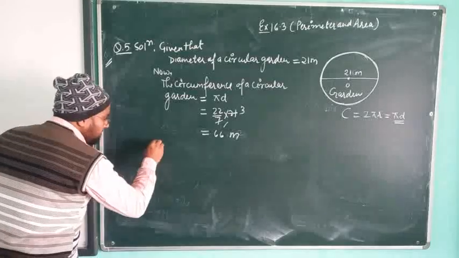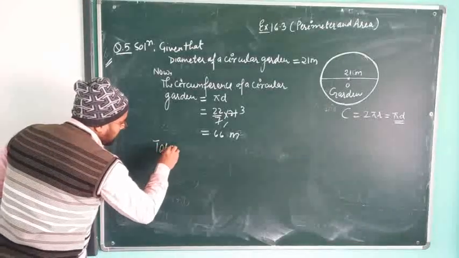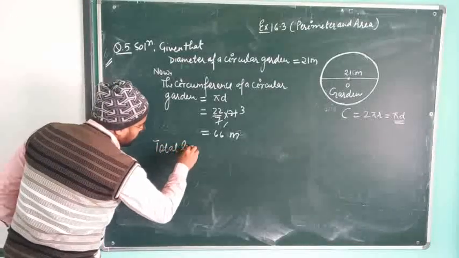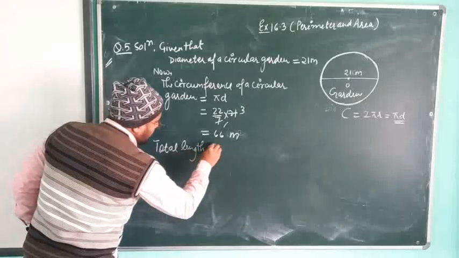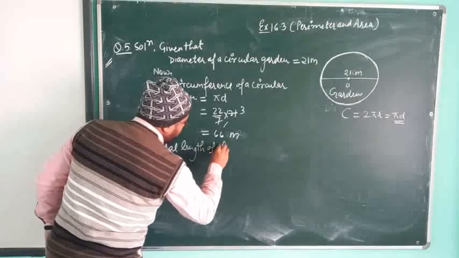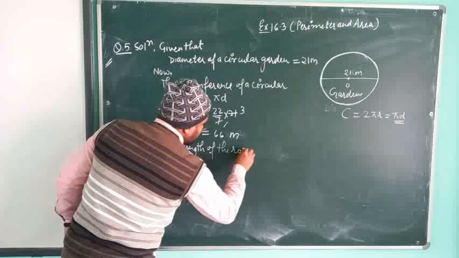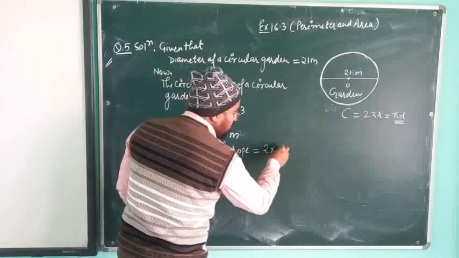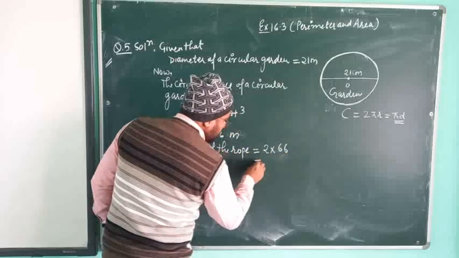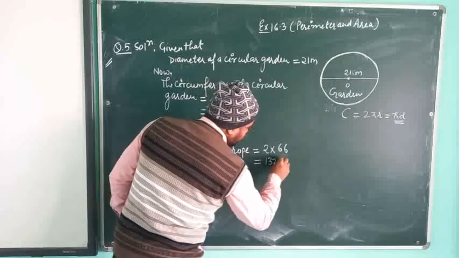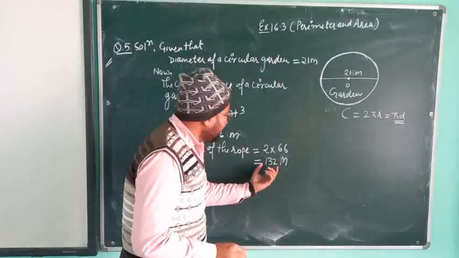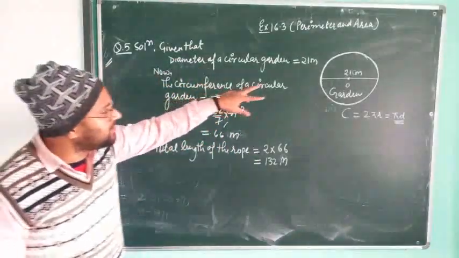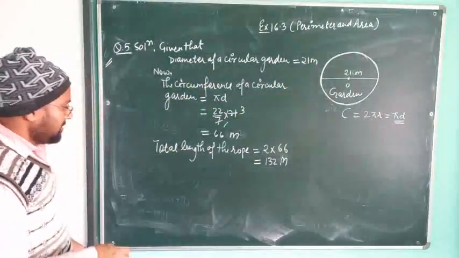So the total length of the rope is 2 multiplied by 66, which is 132 meter, needed to cover this circular region 2 times.